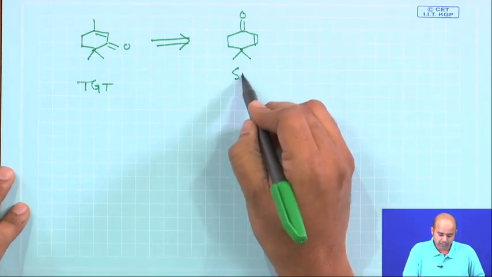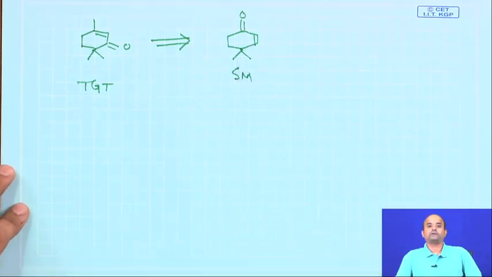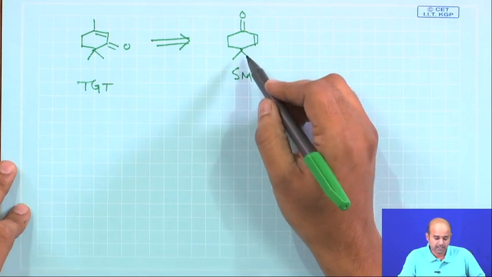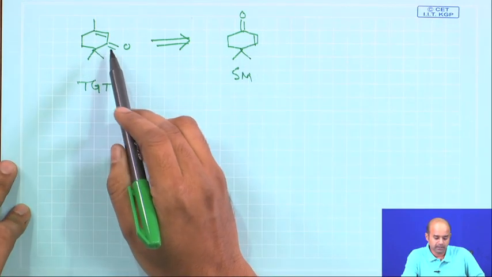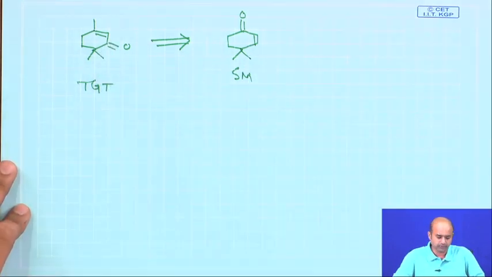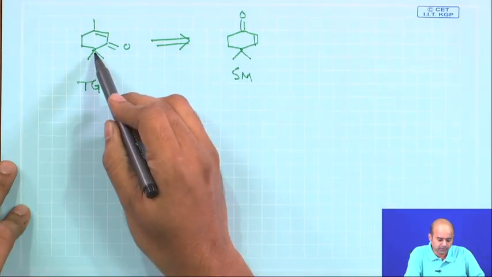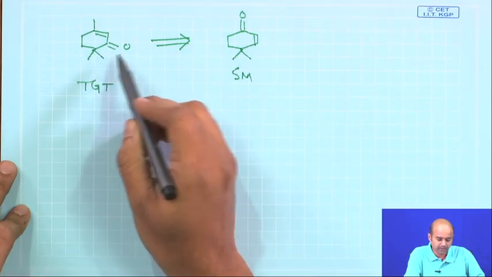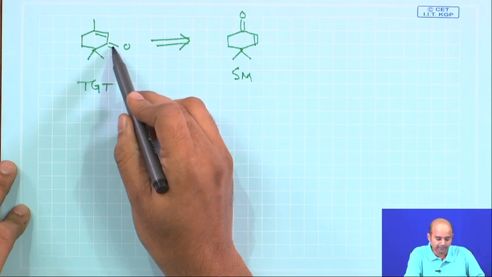Now, you see the starting material is a cyclohexanone derivative, and in the final product you have an almost similar structural network. Both these gem dimethyl groups are here, but the ketone group has changed its relative position.